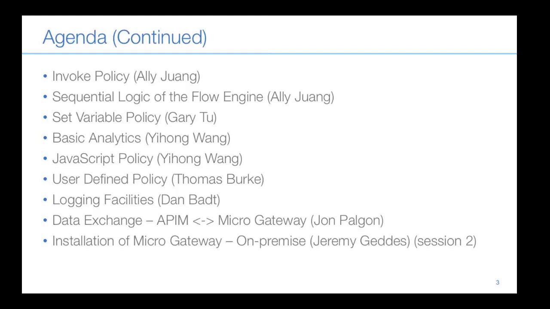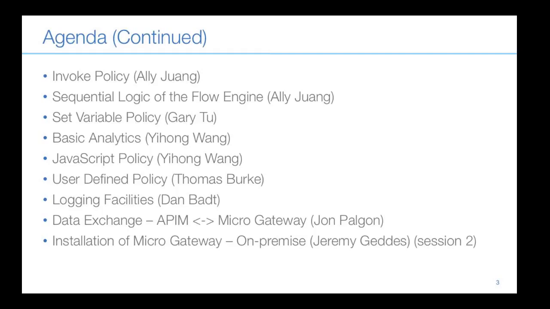She'll also present the sequential logic that you can use within the micro gateway. In particular, the flow engine allows you to use logical conditional constructs to determine what path your flow will take, and Ali will take us through some of those.